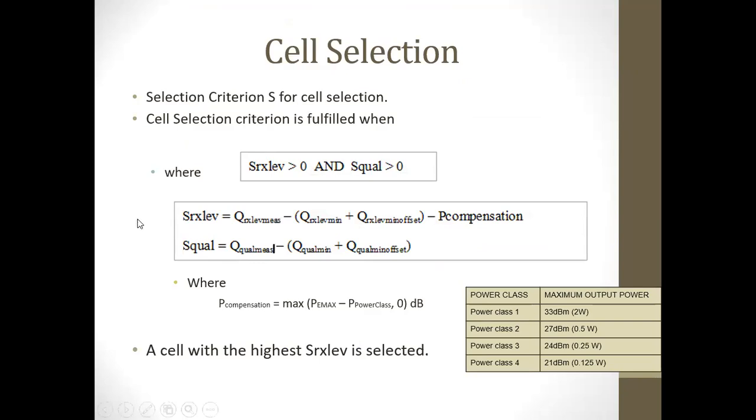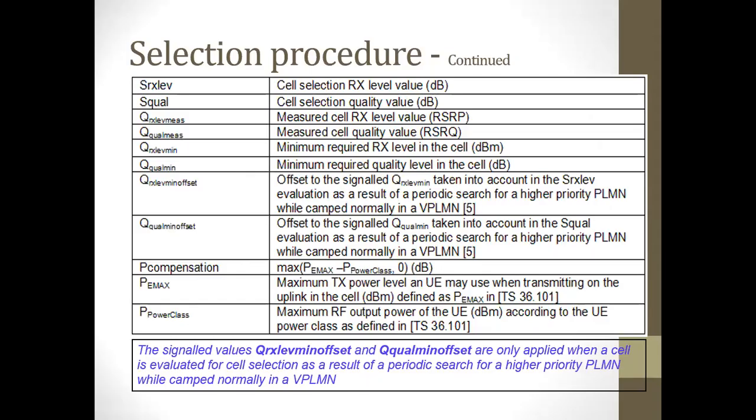So Srxlev is calculated to check suitability. You calculate it for all the cells, and the cell with the highest Srxlev value is chosen. The job with the highest salary is chosen. So the highest Srxlev value is chosen for camping.